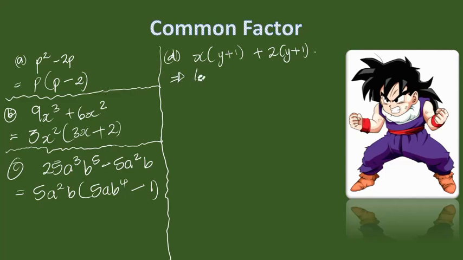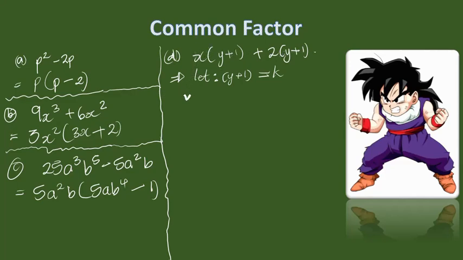So I'm going to say let this whole bracket be a variable like k, so that now I can write this in a simpler way, to make this thing make sense. Wherever I see the bracket, I replace that with k, because I have a y plus 1 here and I have a y plus 1 here. So these brackets are the same.